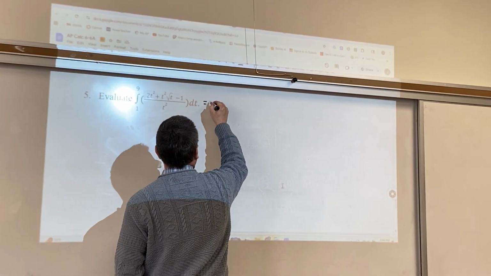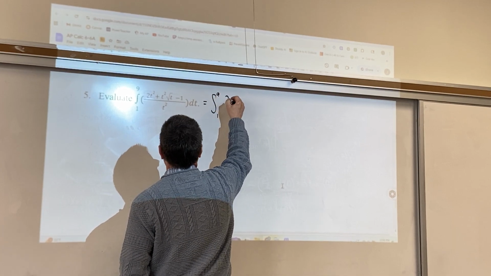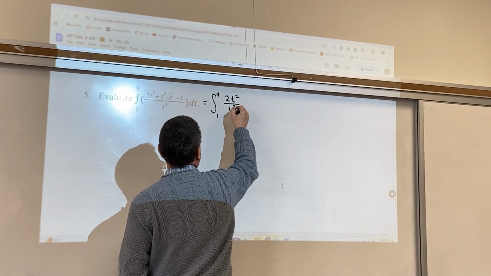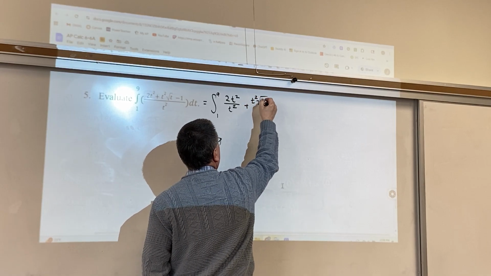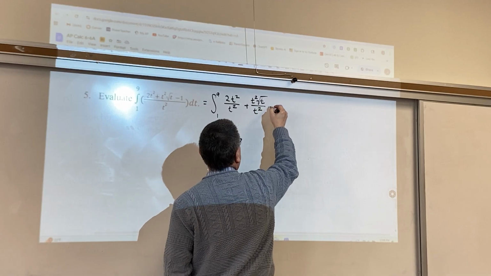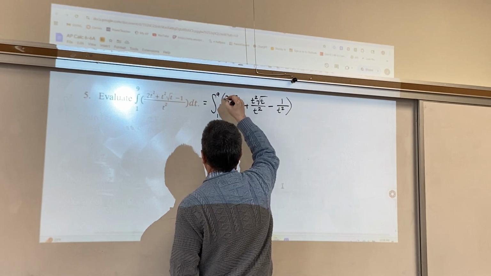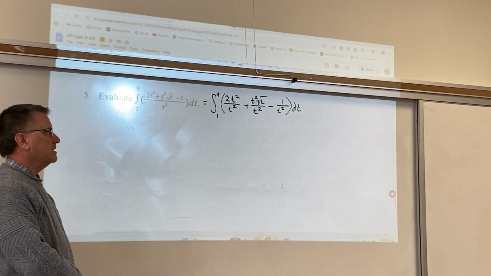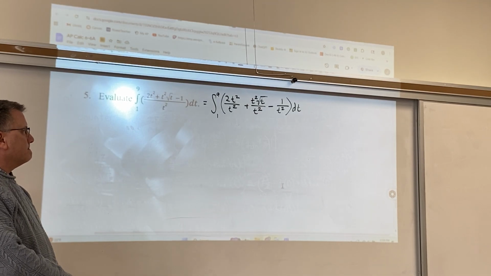So that's gonna be the integral from 1 to 9 of 2t squared over t squared plus t squared times the square root of t over t squared minus 1 over t squared. All of that in terms of t this time. Of course, if you put it in a calculator, you could just make all the variables x.